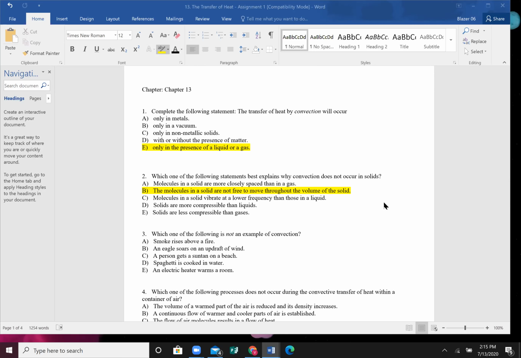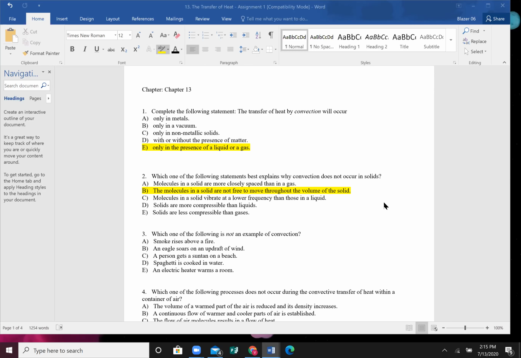Okay, so on this one, class, think about what's happening. Smoke rises above a fire. That means the air, we can see smoke. Smoke is a gas. An eagle soars on the updraft of wind. The wind is a gas, a fluid, that's air. A person gets a suntan on a beach. What's happening there?